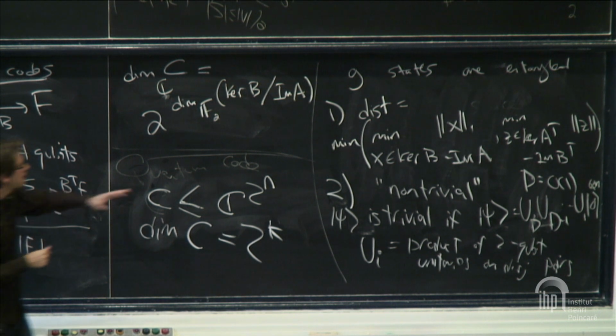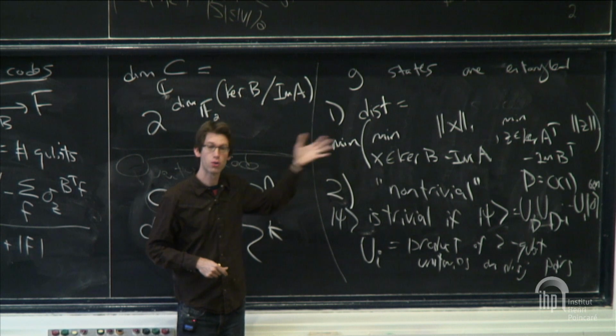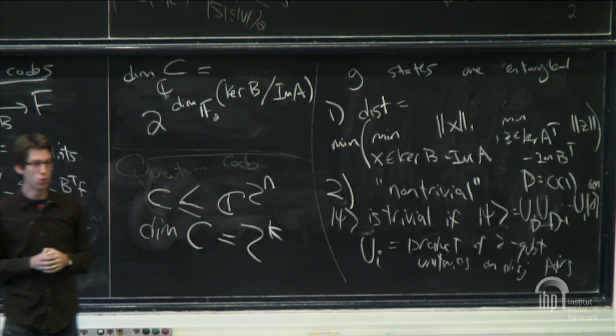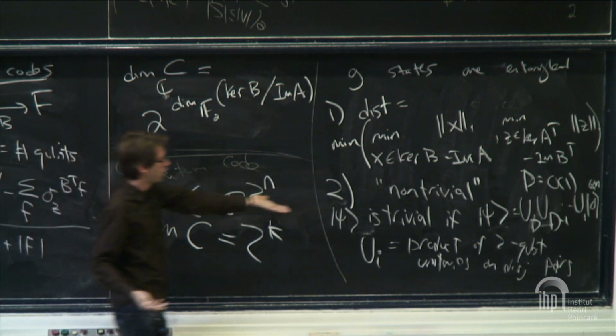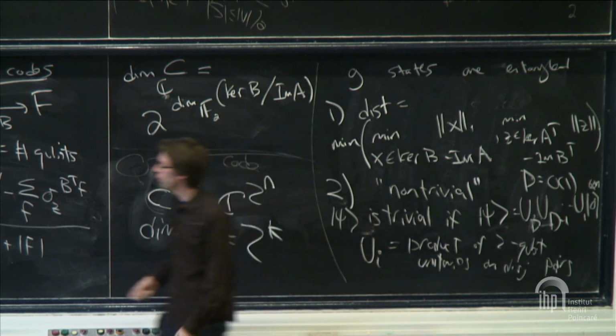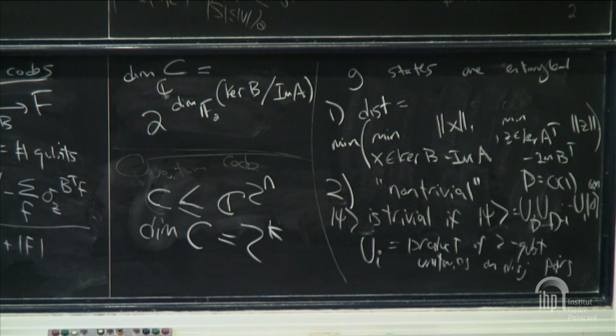Suppose you have a state, let's say a code state, and you'd like to show that it's non-trivial. How can you show that? There are a lot of low-depth circuits. How can you rule out all possible low-depth circuits? What we prove is a geometric way of showing this. Suppose you measure the state. Then you get a probability distribution over n-bit strings. And this distribution, let's say this is a space of n-bit strings, is going to look like some kind of cloud.